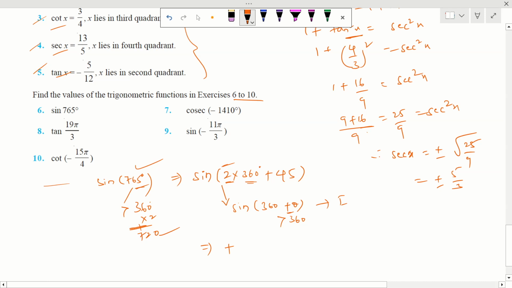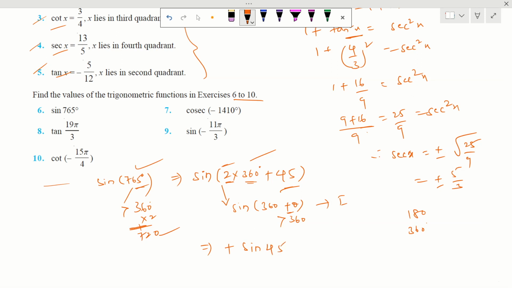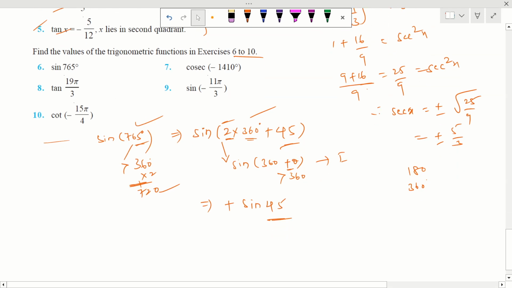And we know that in the case of 180 and 360, sine is sine only. Here theta is 45. Sine 45 is what? It is 1 by root 2. This is a simple problem.